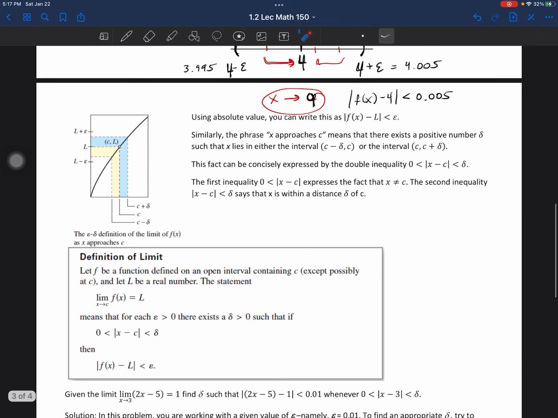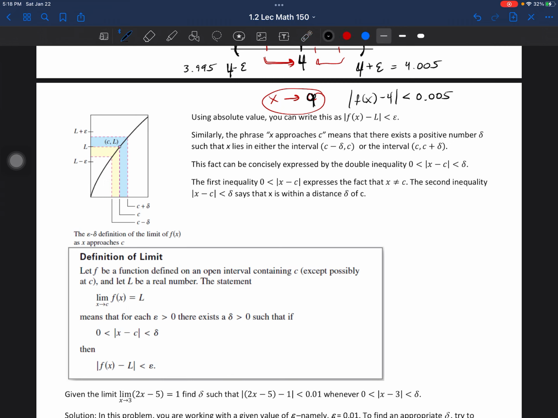And then in a similar approach, we can say that x is approaching c means that there exists a positive number delta such that x lies in either the interval c minus delta and c, or the interval c and c plus delta.